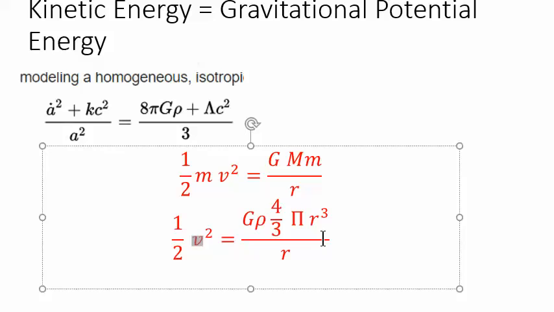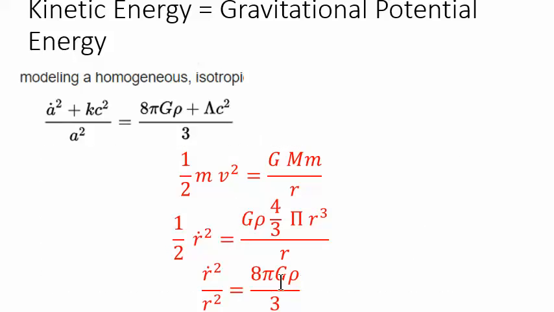So this v is the change in x over change in time, or the change in radius, r dot over r. That's the dr/dt. And so then this r squared and this r cancel out, and that leaves us with a simplified form of the Friedmann equation.